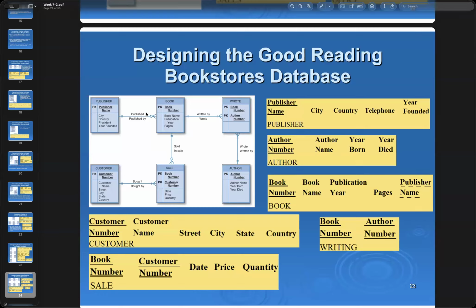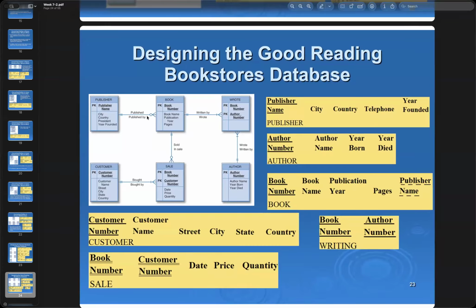At least, can they publish any book? 0 or 1. It can be that no books are published, right? We can put 0. Can they publish only one or many? If it's more than one, that means many. And how about books? Is a book only published by one publisher? Should be, right? So one. Is it possible to have no publisher? No way, so it should be 1-1. So it's a one-to-many relation.